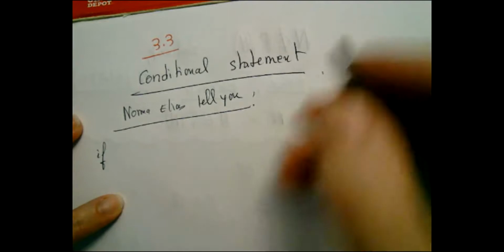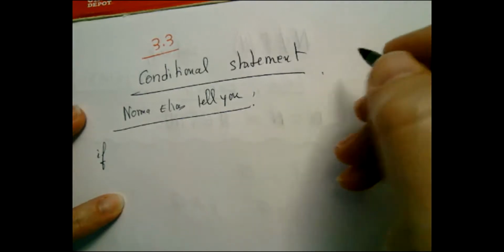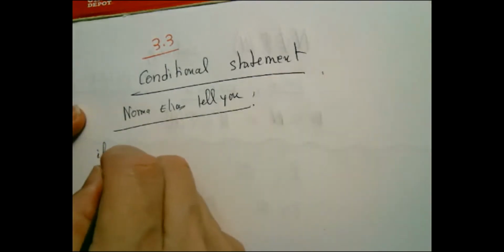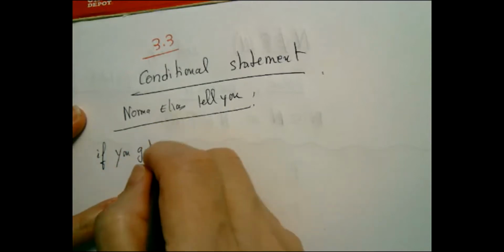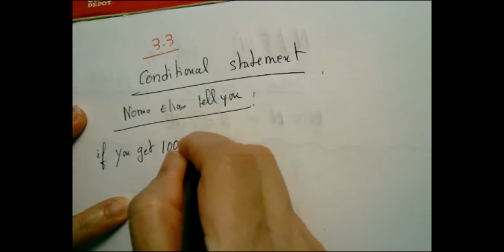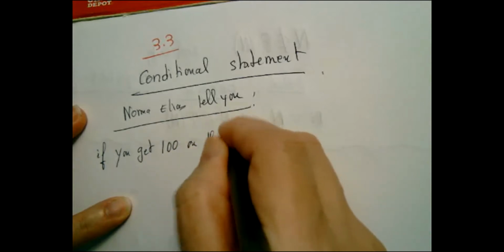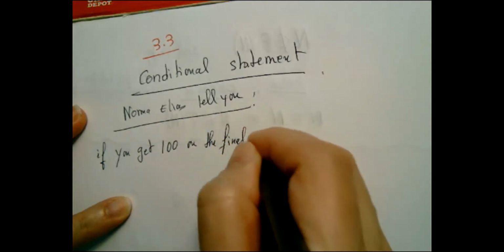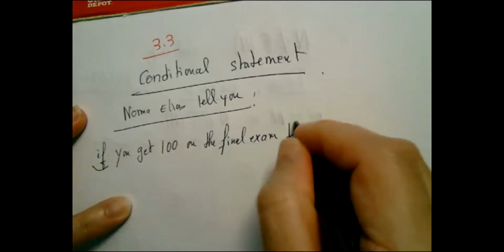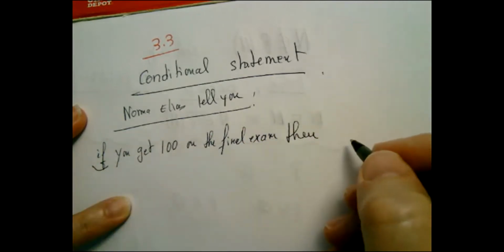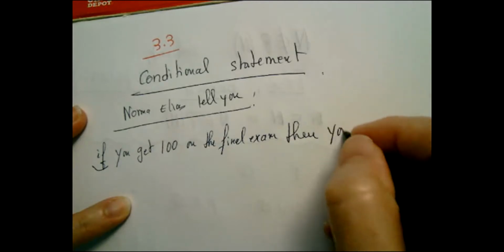Conditional statements are statements of the form if then. If you get 100 on the final exam, if this happens, then you get an A in the course.